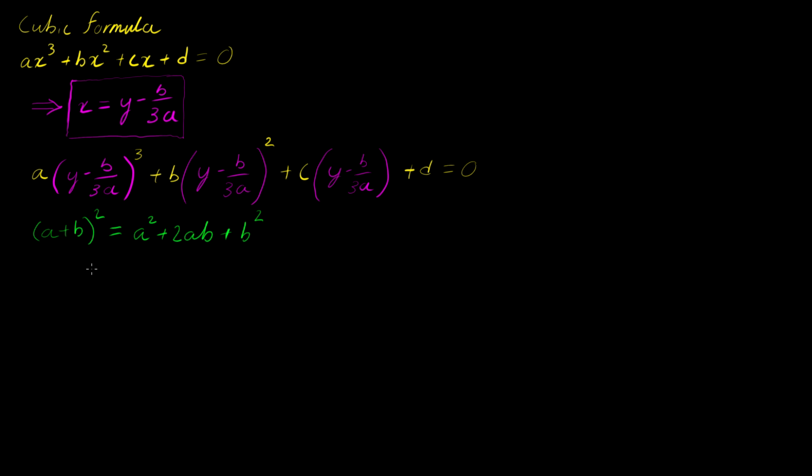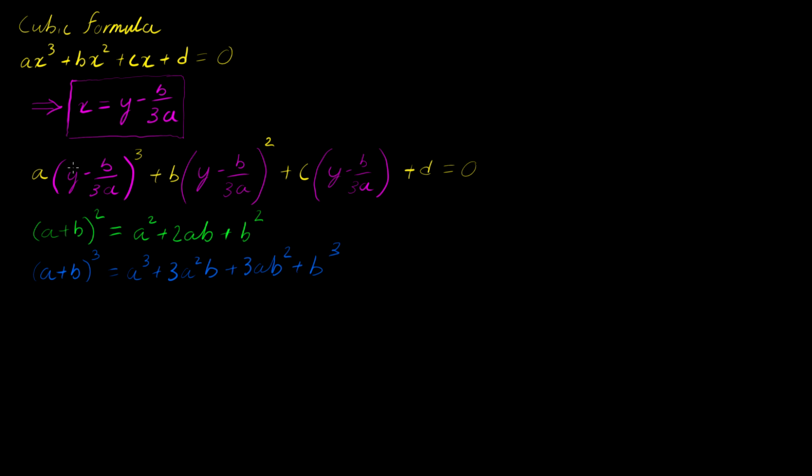If you don't remember, I'm just going to write it down. It's going to be a cubed plus 3a squared b plus 3ab squared plus b cubed. That is the expansion of a plus b cubed. So let's use this information to help us expand out these terms.